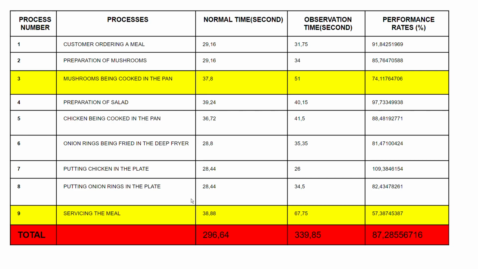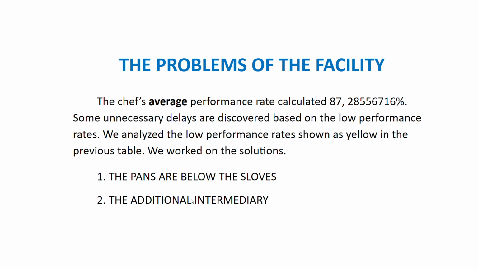The average performance rate is found as 87.2855%. Some unnecessary delays are discovered based on the low performance rates. We analyzed the low performance rates shown in yellow in the previous table, so we worked on solutions.